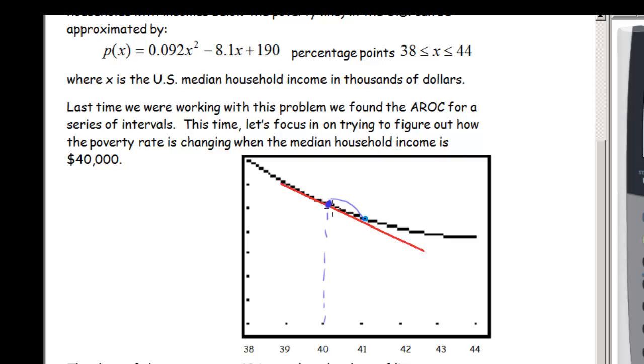So that's what we're going to do. We are going to find the slope of a secant line where the second point is close to the first point. You'll notice that as I move this second point closer to the first point, maybe to there, our secant line becomes really super close to that red line.